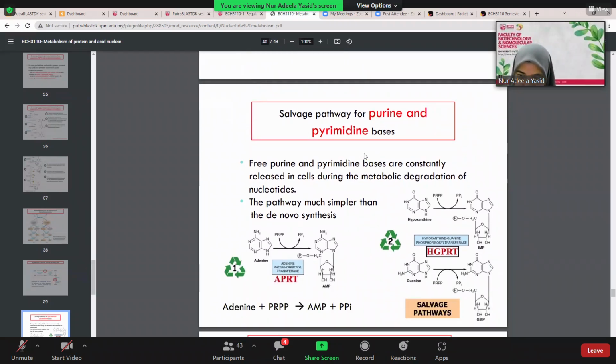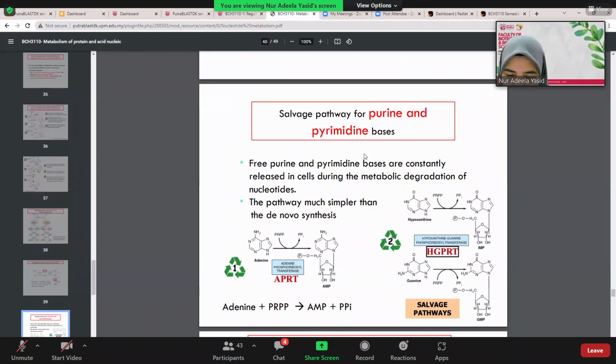So now let's move to the salvage pathway. What is the salvage pathway for purine and pyrimidine bases? Salvage pathway meaning that it utilizes all the free purine and pyrimidine bases that are released during the degradation of nucleotides.